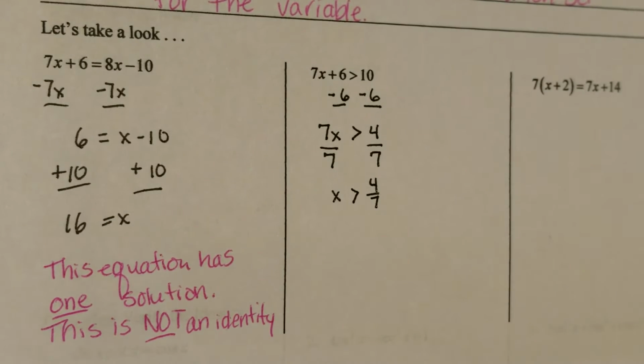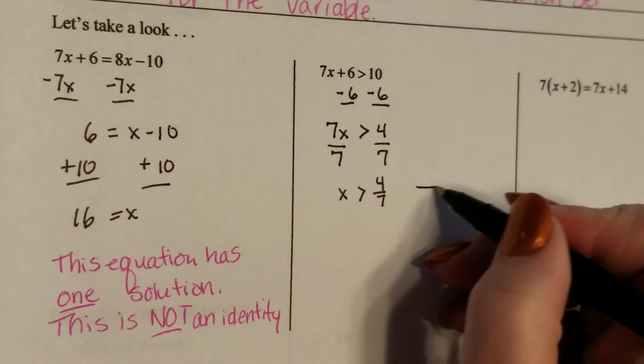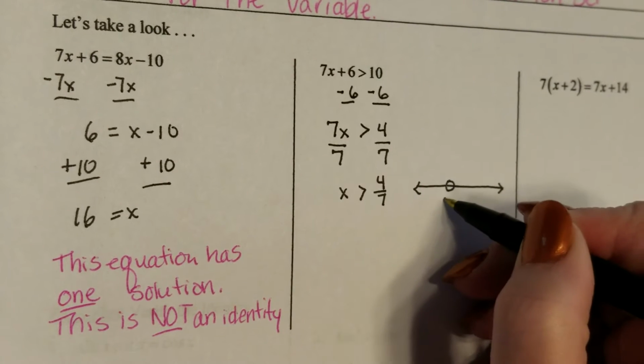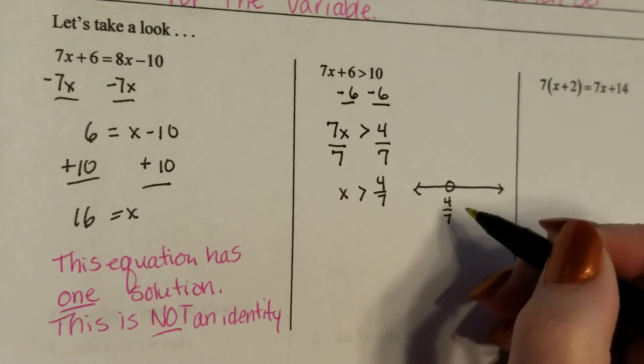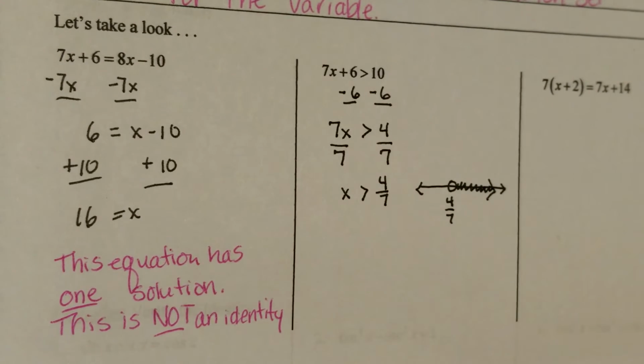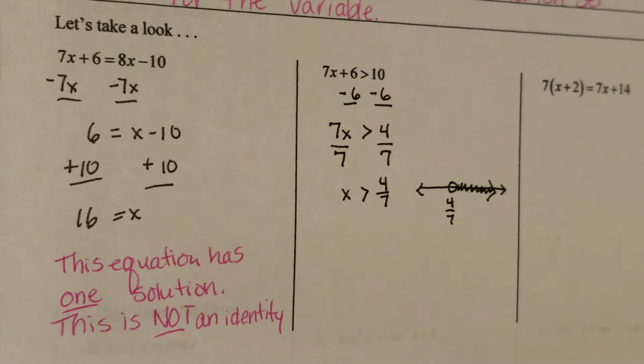Now, if we put that on a number line, at 4/7 we'd have an open circle, and then it would be greater than, so we would shade it to the right, and it would continue on and on.